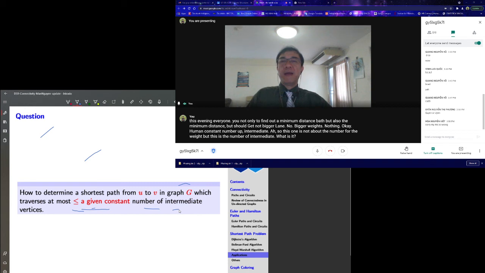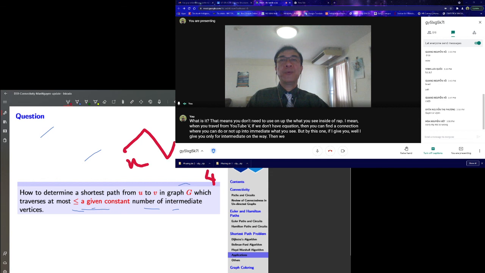That means you don't need to use all of the vertices inside the graph. I mean, when you travel from U to V, if we don't have this constraint, then you can find a connection where you can use a lot of intermediate vertices. But by this one, if I give you only 4 intermediate vertices on the way, then we do not allow a path with more than 4.